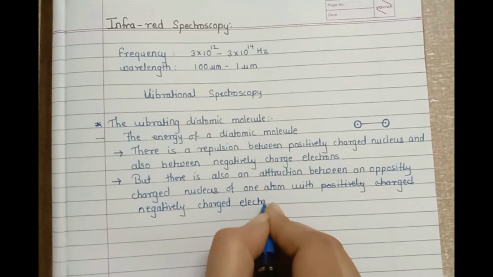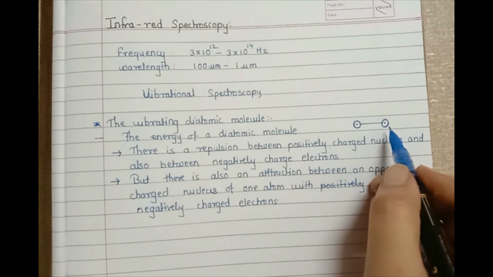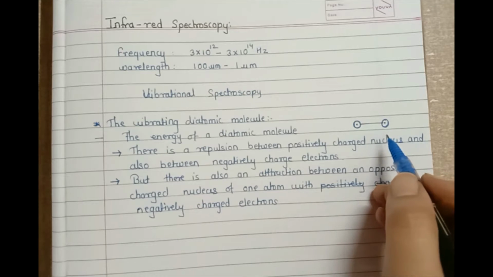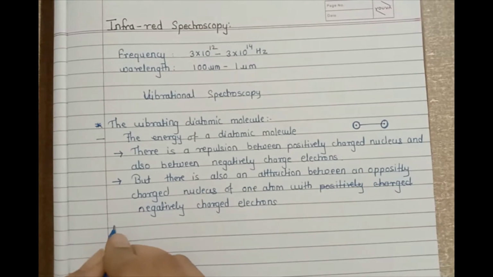Is it okay? So in the diatomic molecule, there is a repulsive force as well as an attractive force. Is it okay? Then what happens?